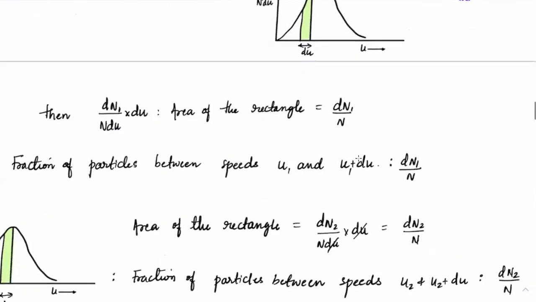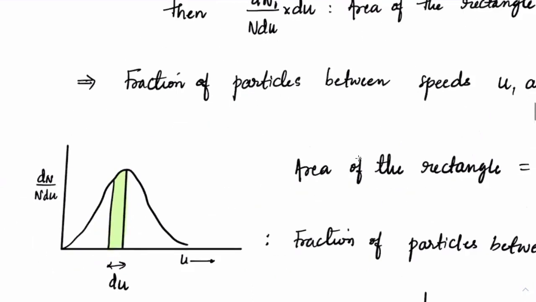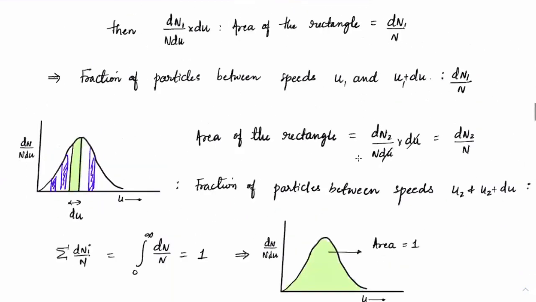I'm taking small ranges, this one, this one, and this one. If I keep on adding all the small dus, I should get the number of particles present per total number of particles.